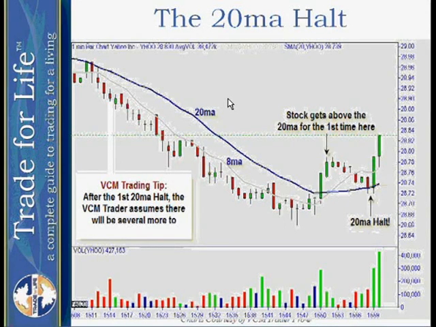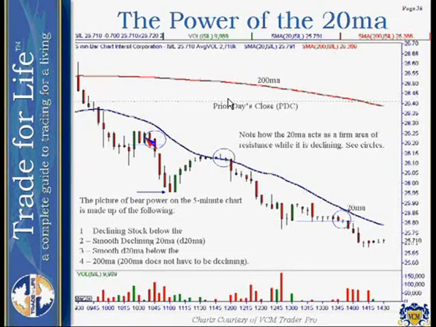All right. Okay, here. Declining 20. Now, I want you to assume that your daily bar in the stock is red. Now, you're looking inside this daily bar on a 5-minute chart, and you see on the 5-minute chart of this bearish stock, you see a declining 20.